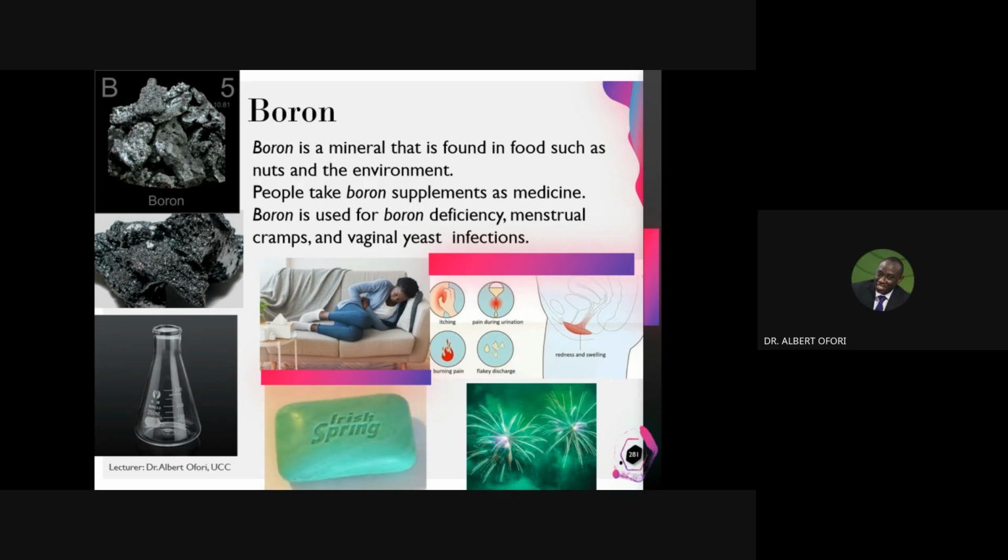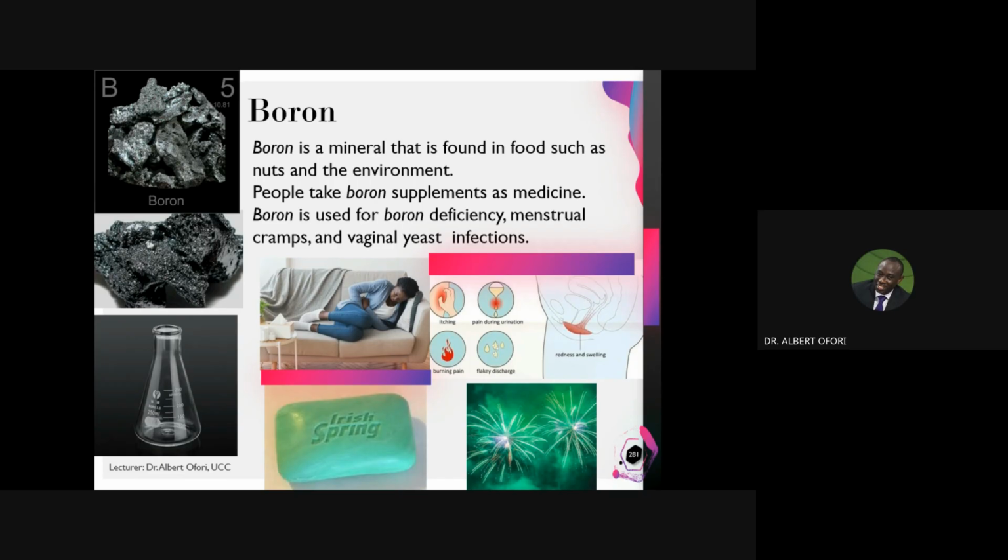The ore of boron is borax. I'll show you that, but we see boron a lot in, for example, avocado pear and iris soup. They add some boron in that. Boron is used as a food supplement in treating cramps, like menstrual cramp pains.